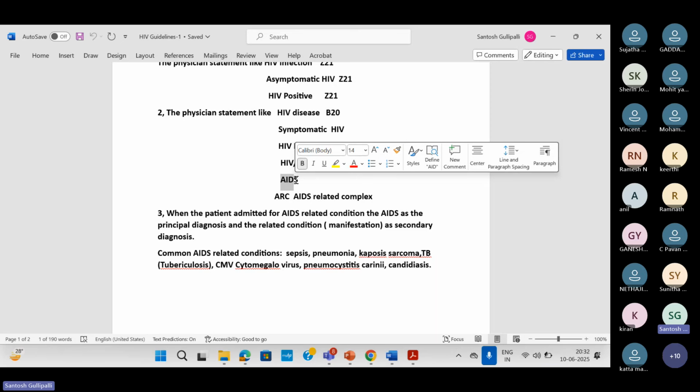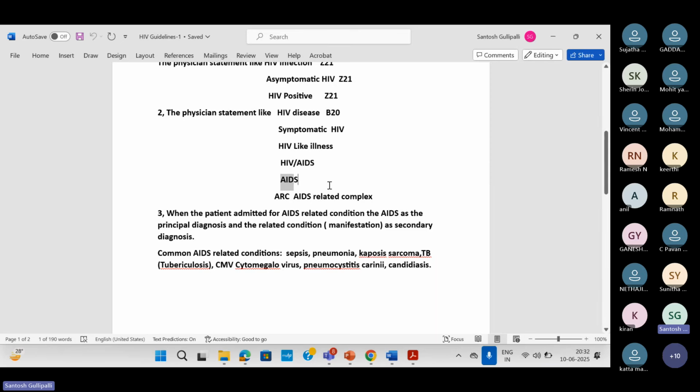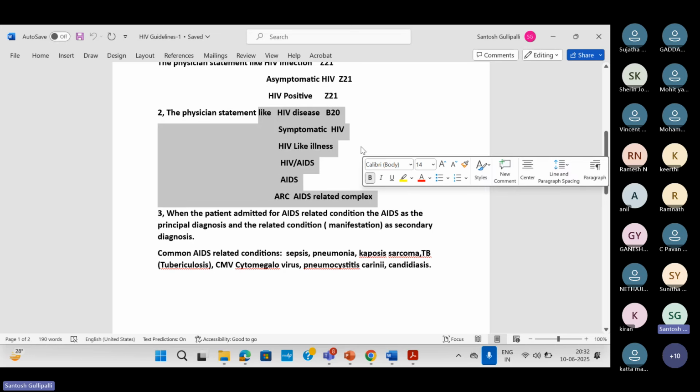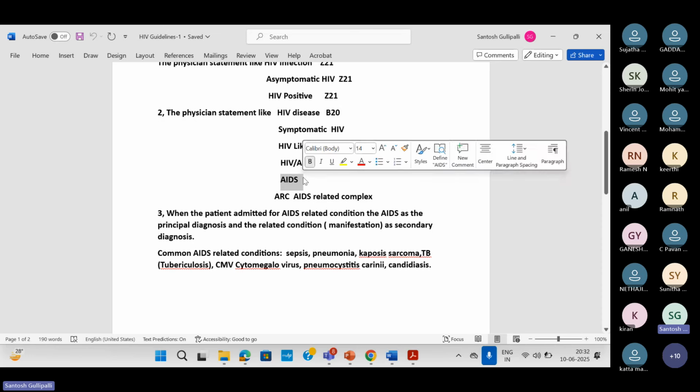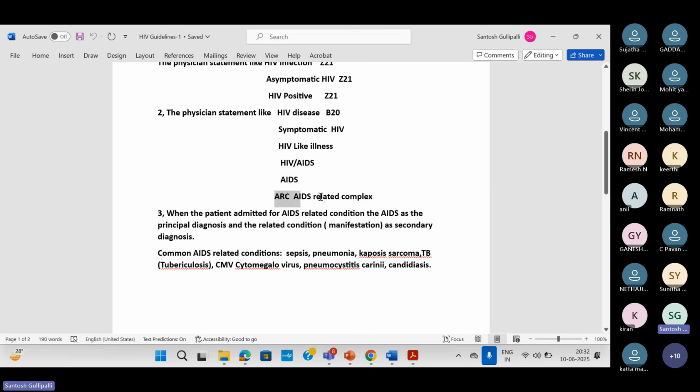HIV full form is human immunodeficiency virus. If the statement is ARC, which means AIDS related complex, any such statement in the medical record, you can directly assign B20.